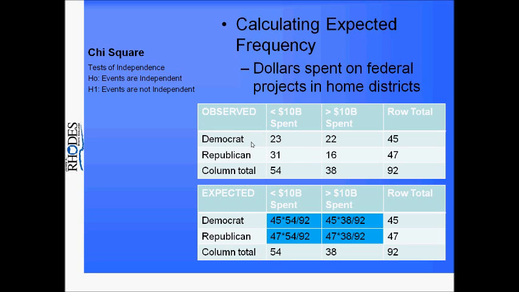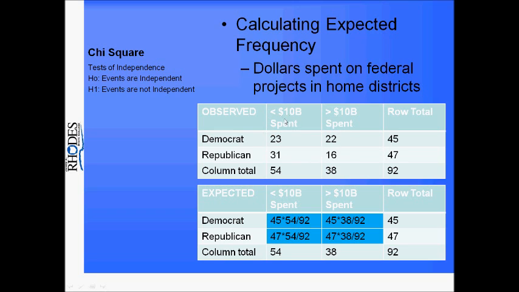So with that, I'll go ahead and get started. Basically, when you do a chi-square test, you have observed outcomes, okay? And that's what I have here. These four boxes were observed.